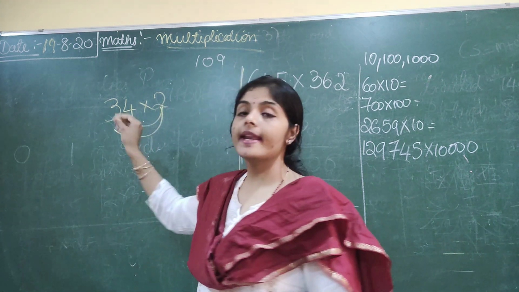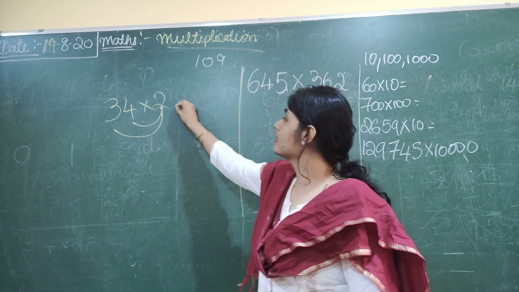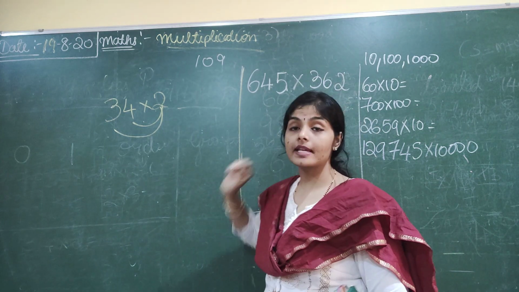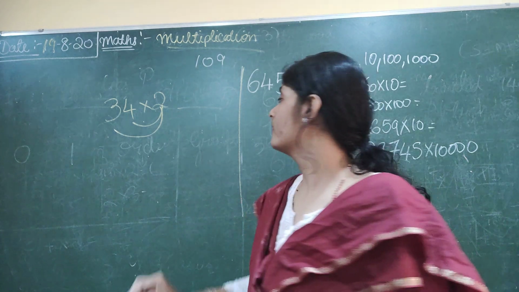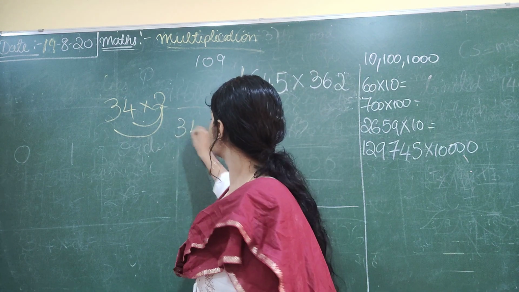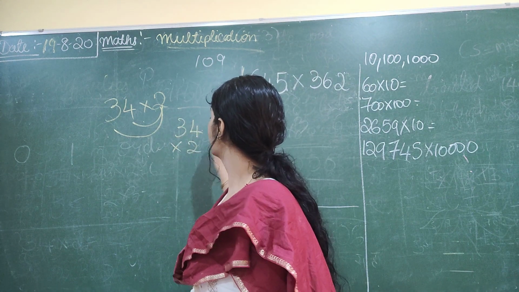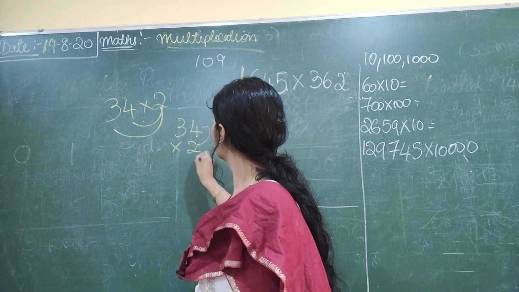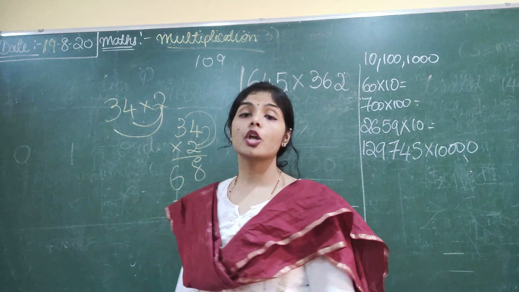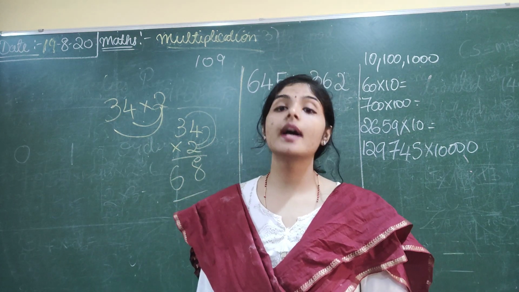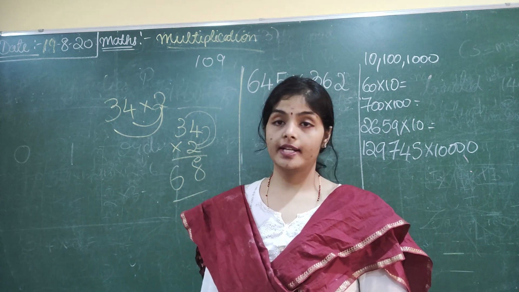So you will never write multiplication in this way. You will always write multiplication in a horizontal way, not in a vertical way. So it will come like this, 34 into 2. Got it? So 2 4s are 8, 2 3s are 6. Your multiplication will always be in a horizontal way, not in a vertical way.